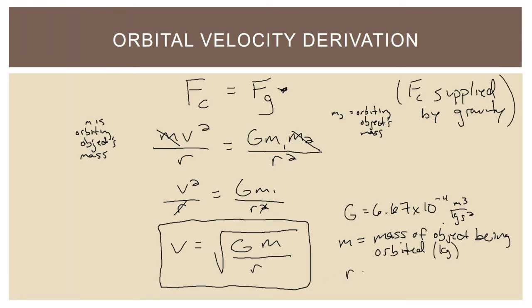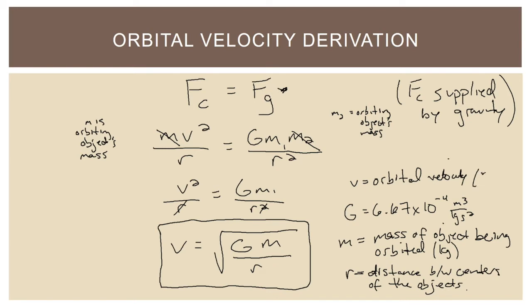And r, and this part is super important, r, as always for these equations, is the distance between the centers of the objects. I'll put over here that v is the orbital velocity measured in meters per second, where, of course, r is also measured in meters.